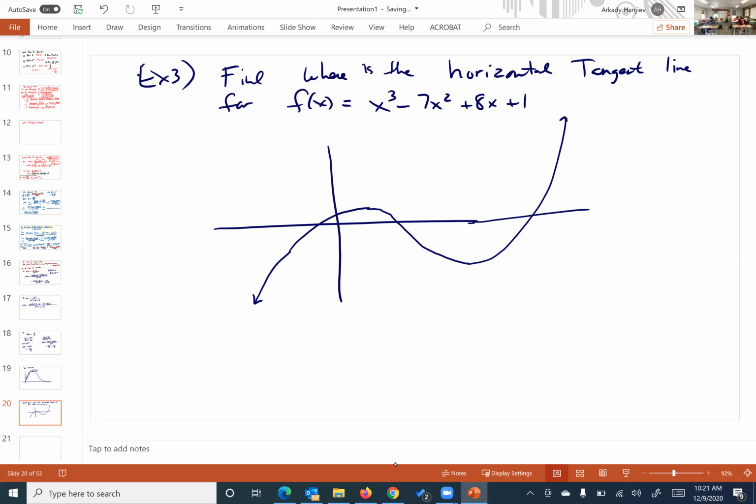What are we trying to find? We're trying to find this dot here, approximately, because it has a slope of 0, or has a horizontal tangent line. The tangent line is touching this function at a single point, and it's horizontal, which means it has a slope of 0. So all yours, go. Think about what you're going to do.